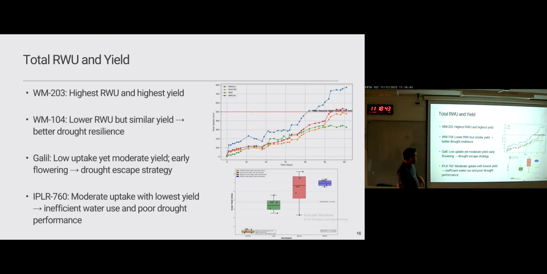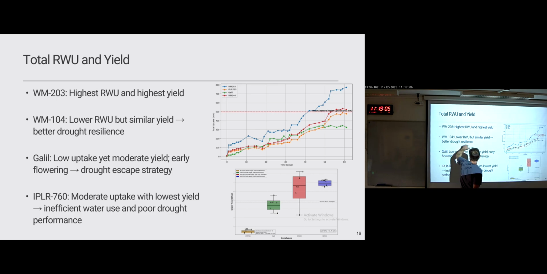Okay, so let's have a look at the total root water uptake of the different genotypes and the yield at the end of the season. And here you can see the WM203 with the highest root water uptake and also highest yield.